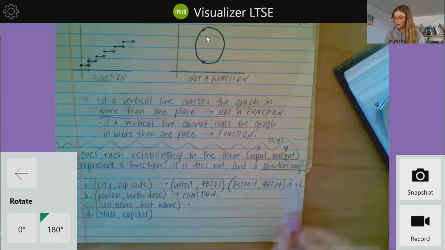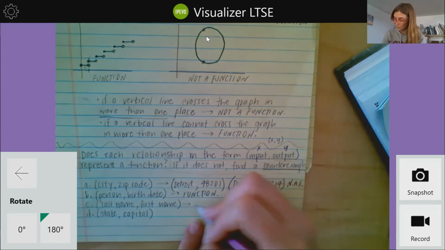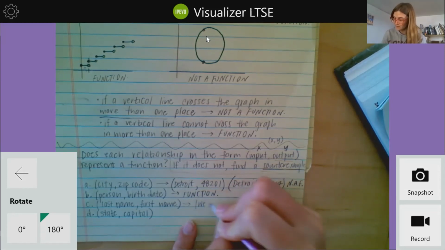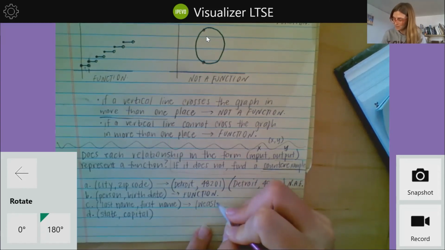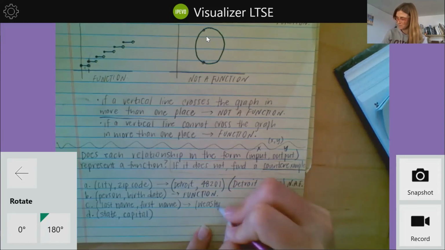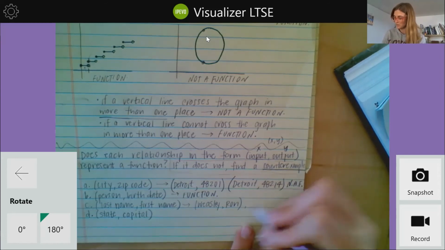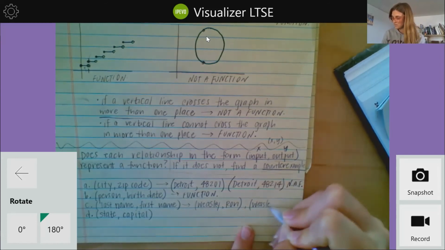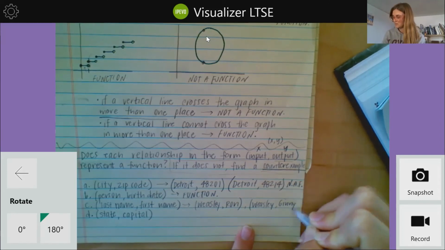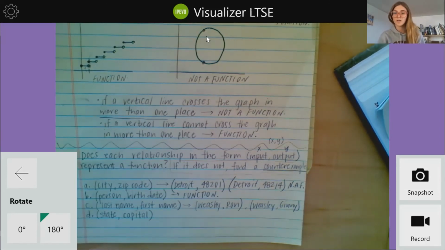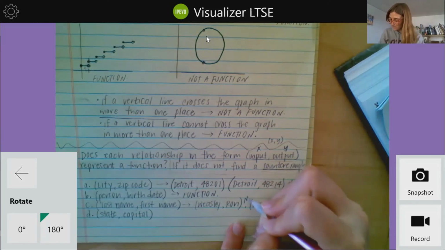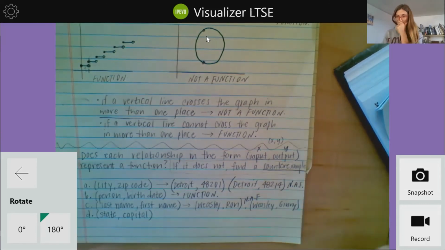And I'm going to offer a counterexample. Weasley. There are many Weasleys. There's Ron Weasley, and there's also Ginny Weasley, as well as many others, right? So more than one first name can be associated with the same last name. So that is not a function.